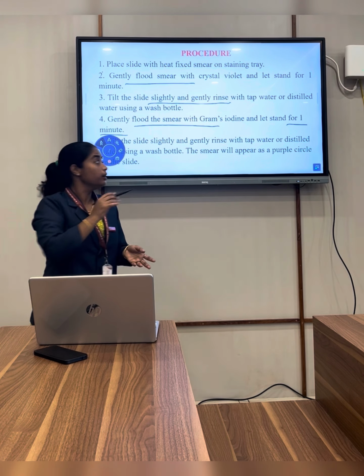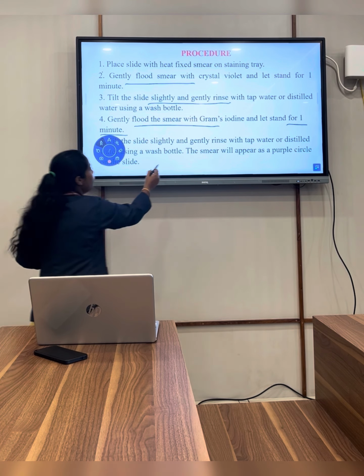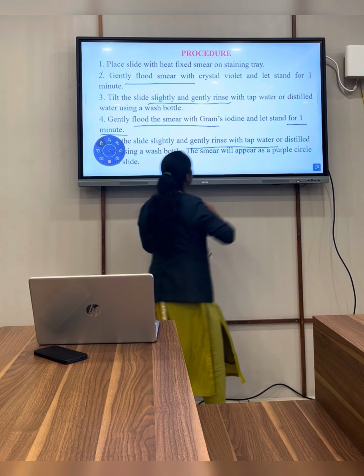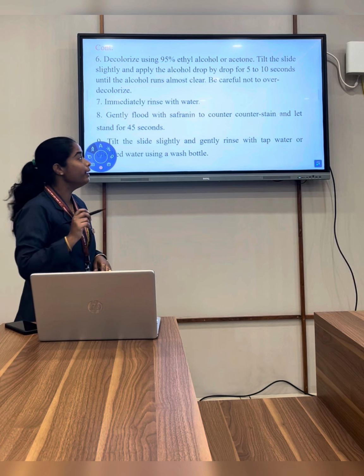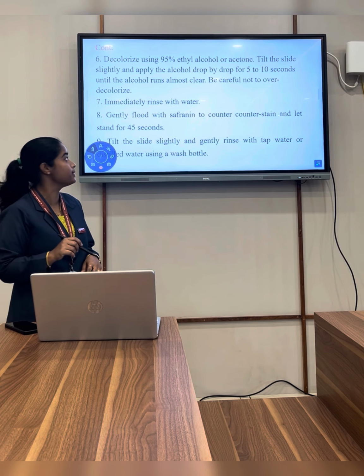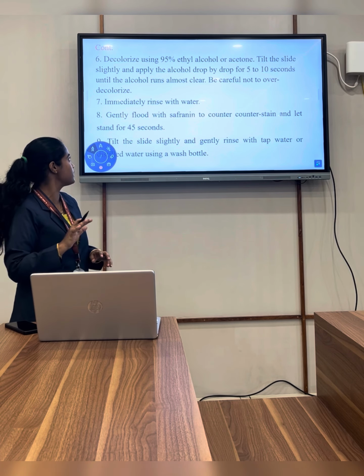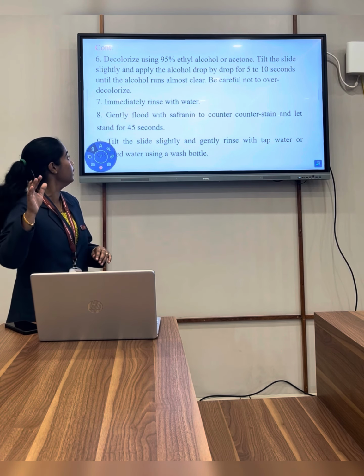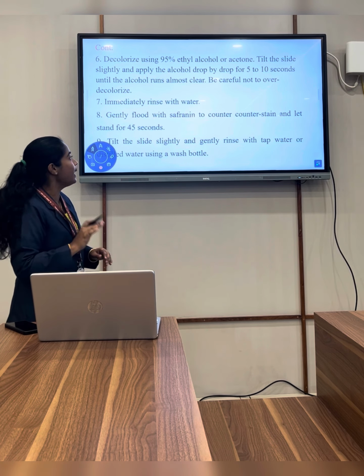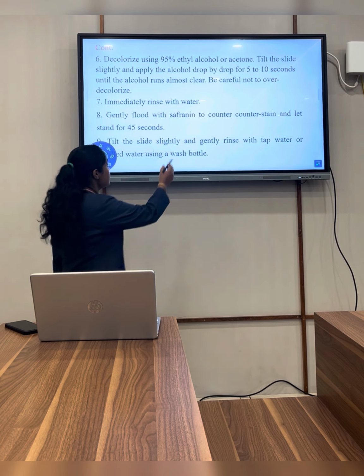Then after using the Gram's iodine, the mordant, gently wash with distilled water or tap water. And decolorize using 95% ethyl alcohol or acetone, and let it stand for just 5 or 10 seconds. Then immediately rinse with distilled water, and after that we can counter stain with the safranin.